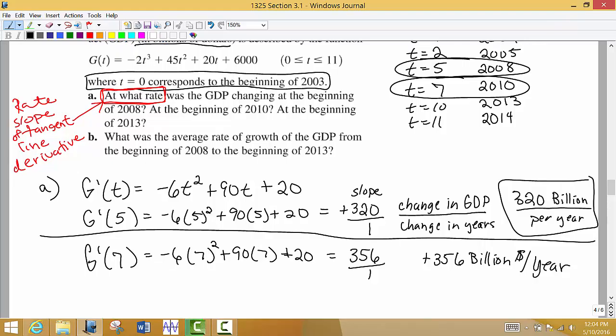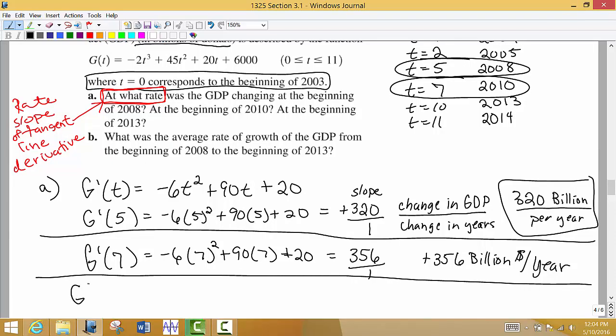Okay, and then what about the beginning of 2013? So we're going to plug in a value into our derivative again. 2013 corresponds to t equals 10. So we're going to plug 10 into the derivative in place of t.